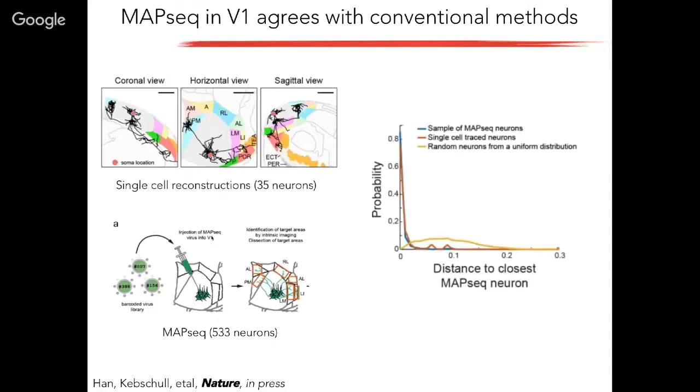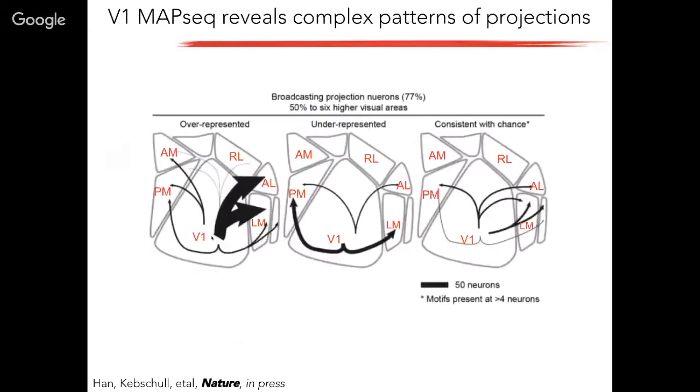For the purposes of this talk, what's important is that they agree to essentially the resolution that we can determine in this experiment. There's a whole scientific story that I don't have time to go into, but that should be coming out in Nature sometime in the next few weeks, and it's on bioRxiv right now.